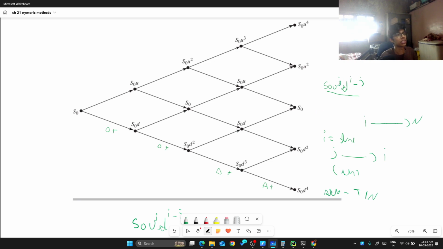S0 up movement j, if j equals 1, let's say, then i equals 0. That means this.